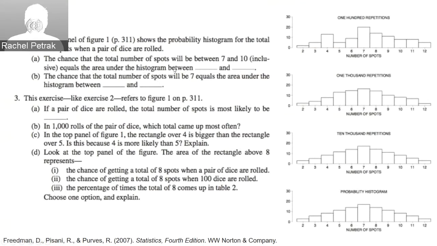So the chance that the total number of spots will be between 7 and 10 equals the area under the histogram between. So we're looking at the bottom figure here, from 7 to 10.